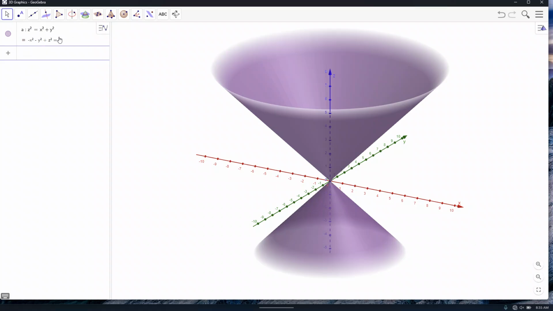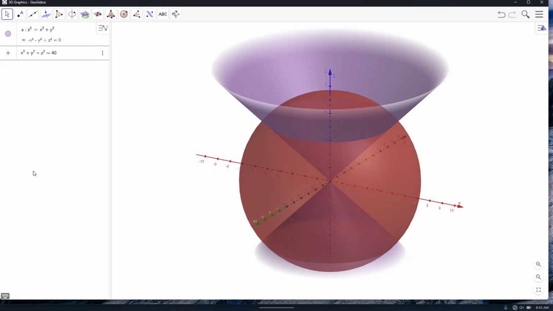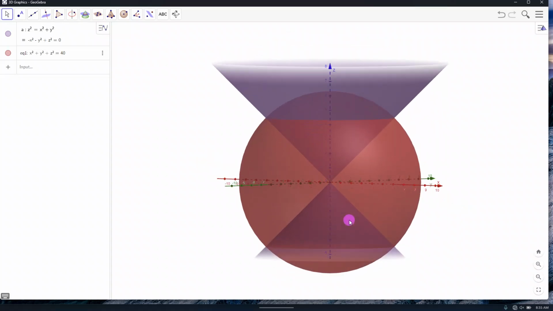Let me write down the sphere: x squared plus y squared plus z squared equals 40? Do you see how we have the same shape above and below the xy plane? Under this situation, you can multiply by 8 and have the volume of two ice cream cones, one above, one below. But it's not the case.